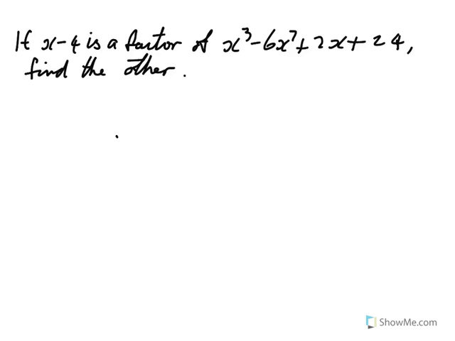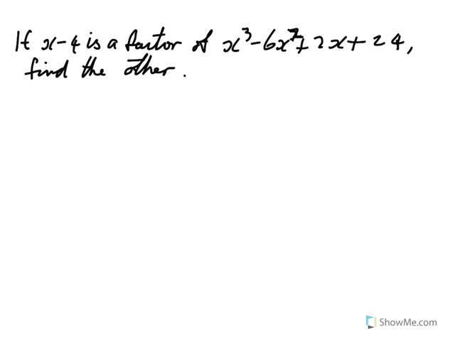And let's look at one more. Okay, so this one: x minus 4 is a factor of x cubed minus 6x squared, not 6x to the 7, plus 2x plus 24.